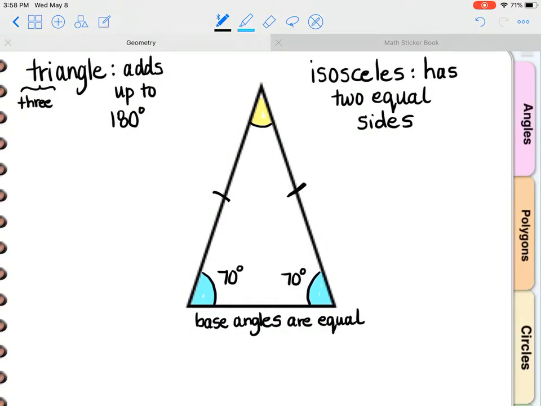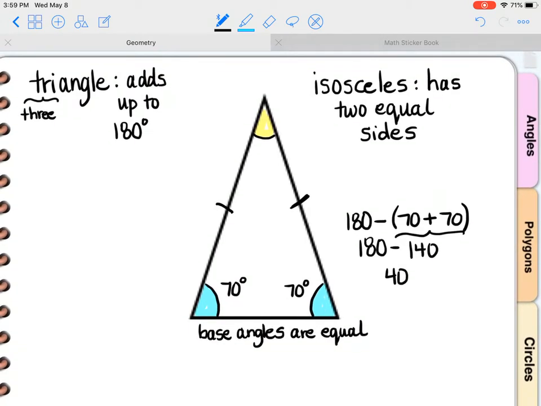Okay, so I know that every triangle has 180 degrees. So I can say 180 minus the 70 and the 70 that are taken up in the base. You can do this on the calculator, but let me explain it for you. That's 140, so 180 minus 140 is 40.